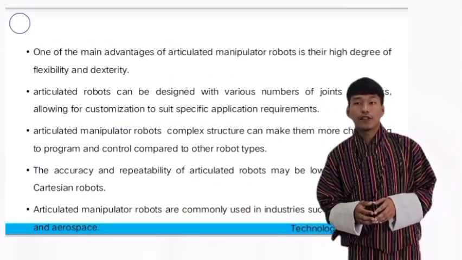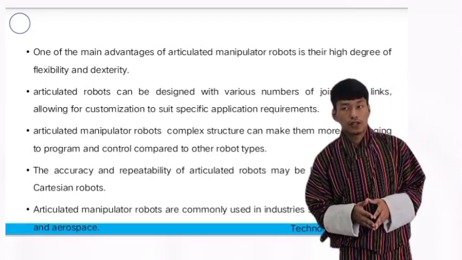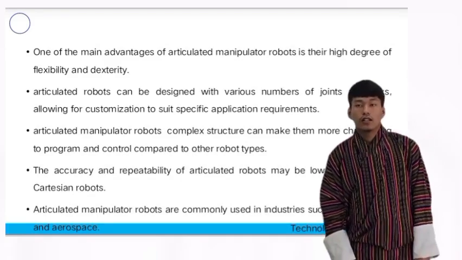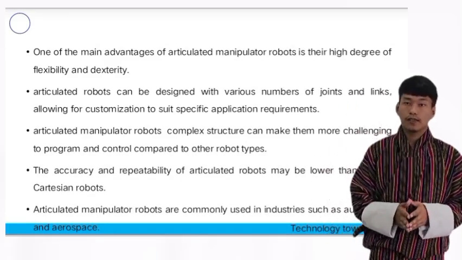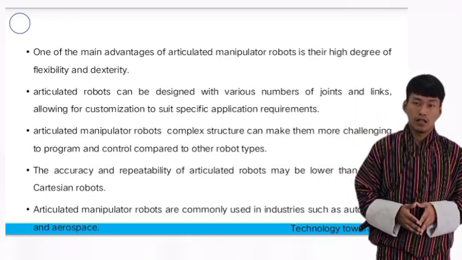One of the many advantages of articulated manipulator robots is their degree of flexibility and dexterity. These robots can be designed with a various number of joints and links, allowing for customization to suit specific application requirements.